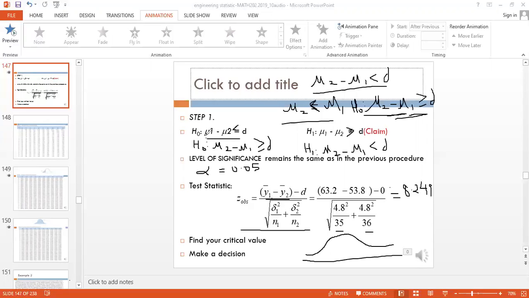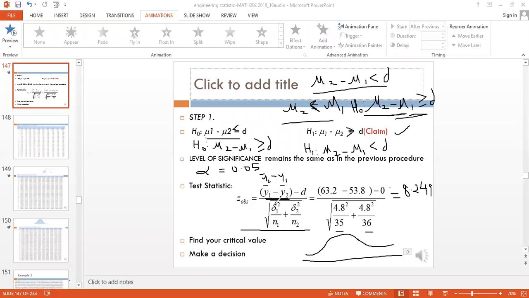The group that comes first in your hypothesis, if we're going with this hypothesis, then this becomes the term here, y1 minus y2. But if we have mu2 minus mu1, then you should rather have y2 bar minus y1 bar.